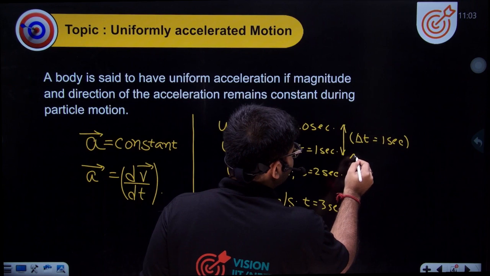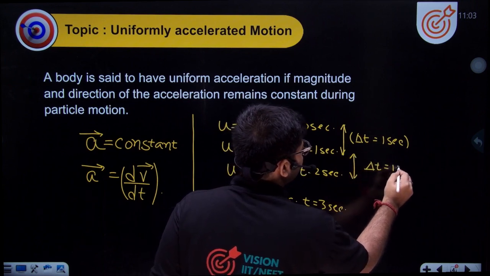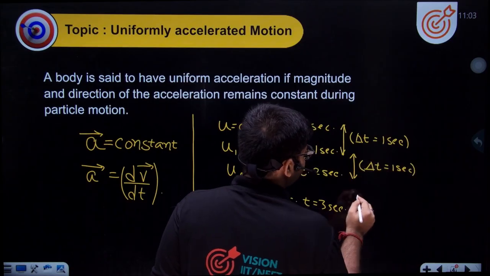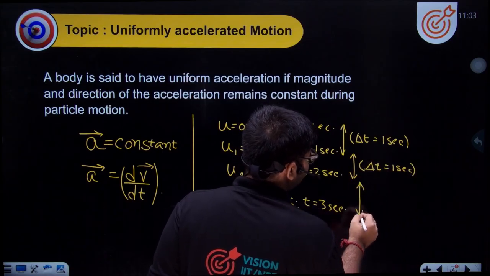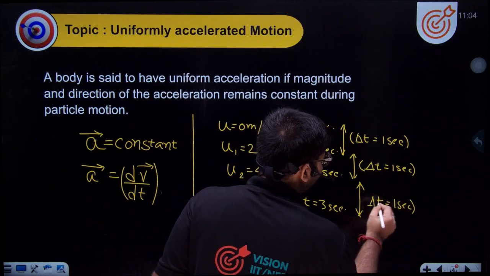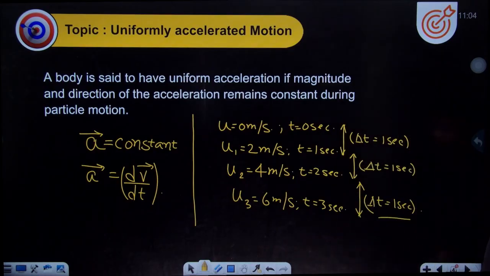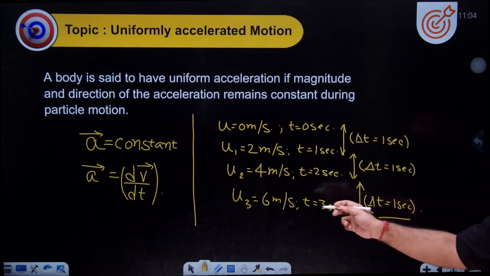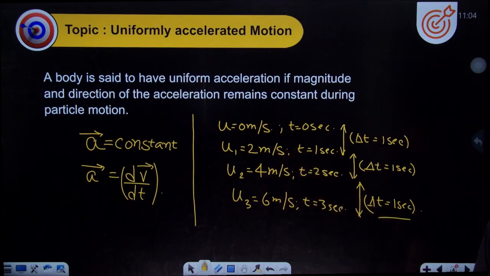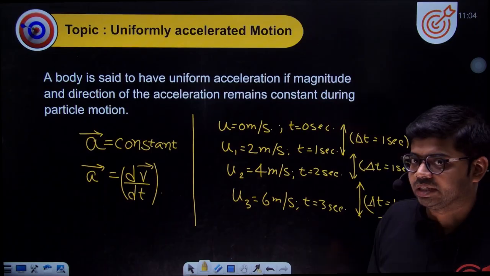Here also my delta t is 1 second, here also my delta t is 1 second. So for every 1 second time gap, the velocity is increasing at the rate of 2 meter per second.